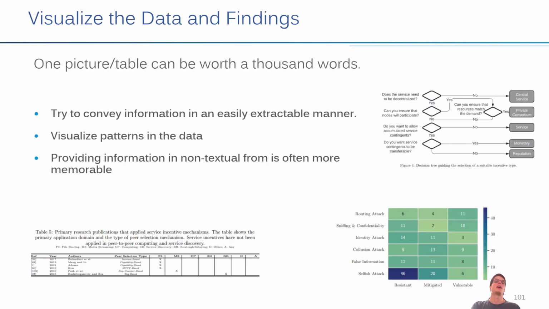Of course, you could write a review containing only paragraph after paragraph after paragraph, describing a lot of stuff in word form, but it's not very memorable. So whenever you have the opportunity to visualize some findings or provide a table that shows distinguishing characteristics in a single view, do it.